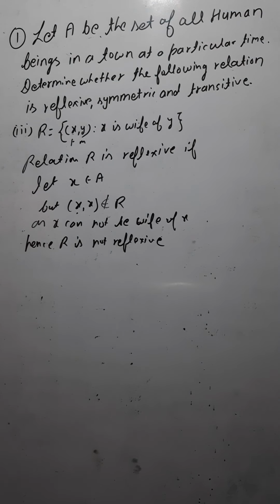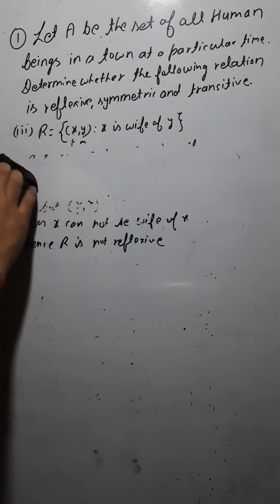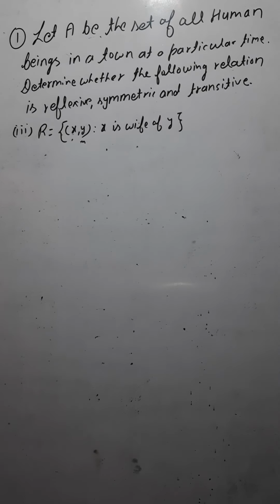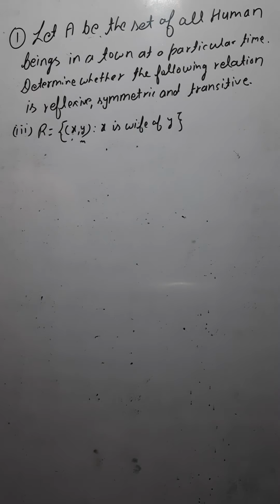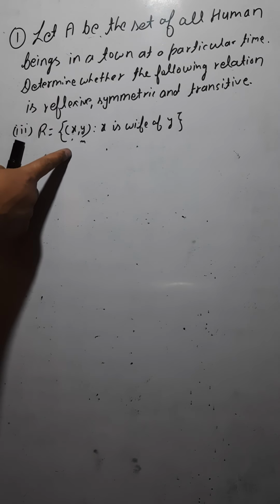Note it down. Then you have to check whether this R is symmetric or not. Now let's check whether this relation R is symmetric. As I have already told you, if you take any two elements, let's say x is the wife of y, can y also be the wife of x? That means the reverse of the order.